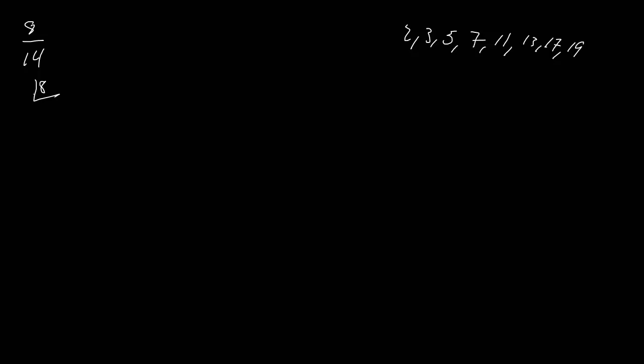So we know 8 is an even number, and we know that 2 will go into 8 4 times, because 2 times 4 is 8. We know 4 is an even number, so 2 will go into 4 2 times, and this is just going to be 2 into 2 will go one time. So our numerator is going to be 2 times 2 times 2 times 1. Let's do 14.